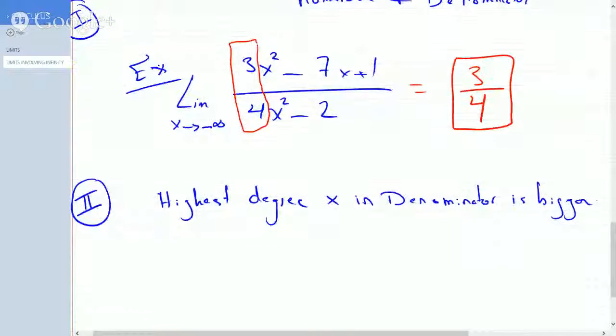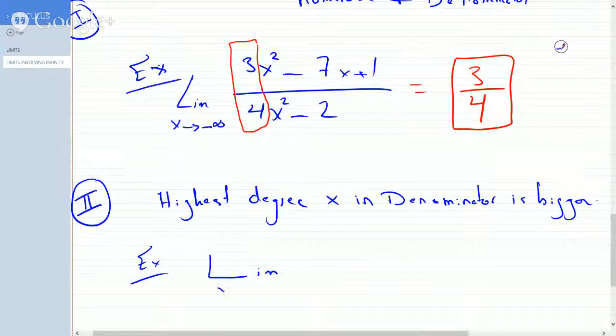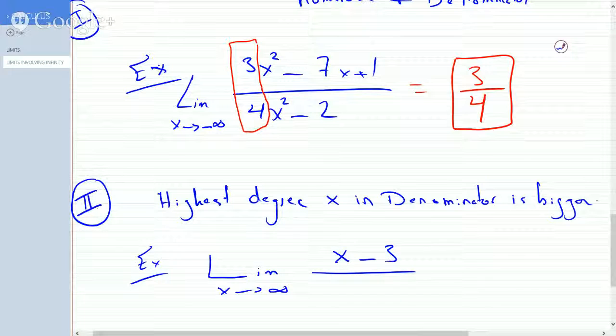Let's go to the example right away. What I'm saying is, if we're going to take the limit as x goes to infinity of x minus 3 over 3x squared minus 7.